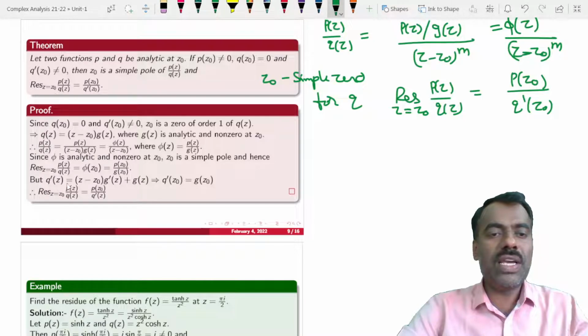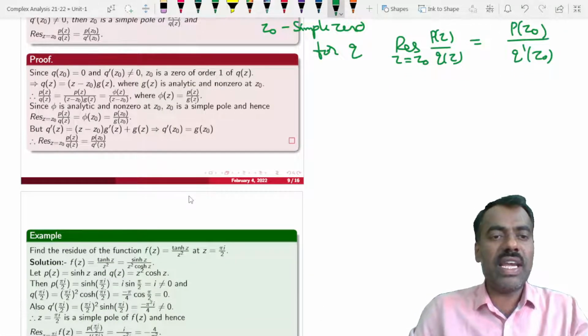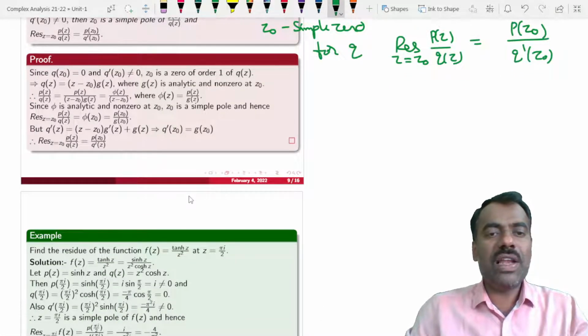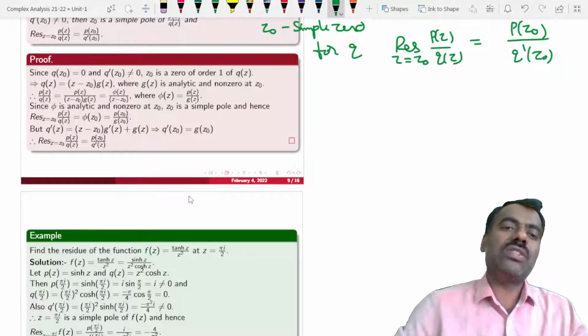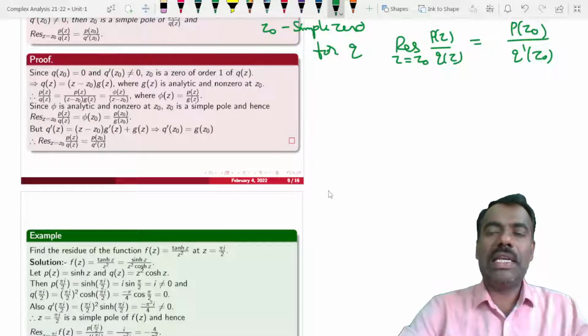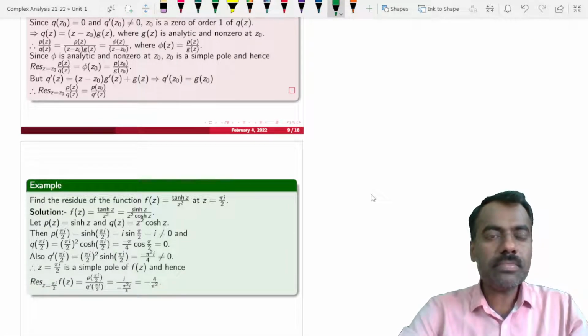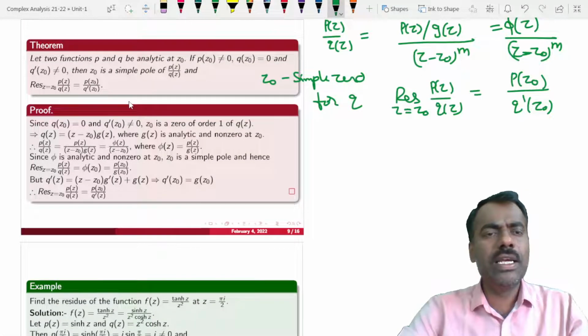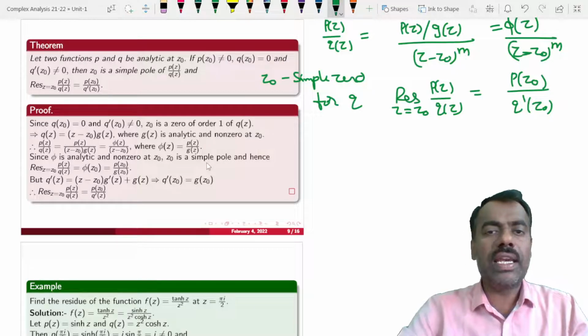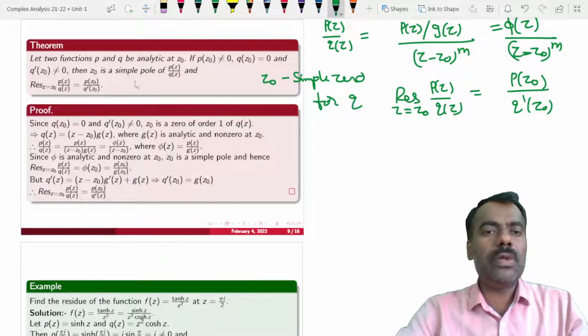Only thing is, you differentiate this q of z, so what we'll get is q dash of z is this. Therefore when we find the value of q dash of z naught, this term will vanish. So g of z naught is the same as q dash of z naught that you will get, right? Fine. So instead of a theorem, you can simply even write it as a corollary also. But for a simple pole we can calculate these residues easily.